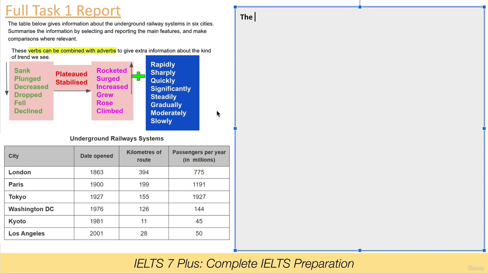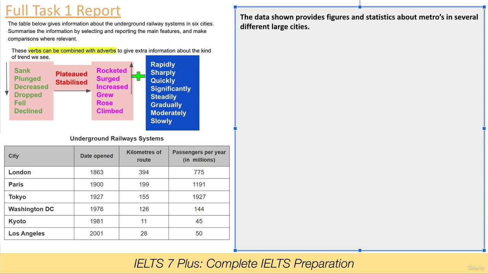The data shown provides information, figures and statistics about metro systems, or metros, which is another way of saying undergrounds, in several different, maybe not capital cities, large cities.